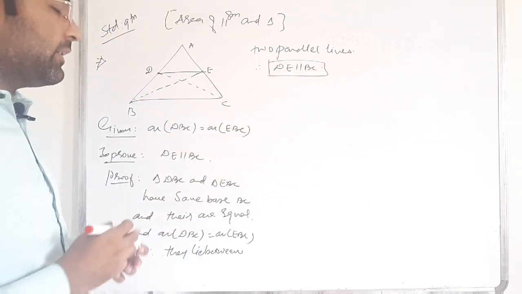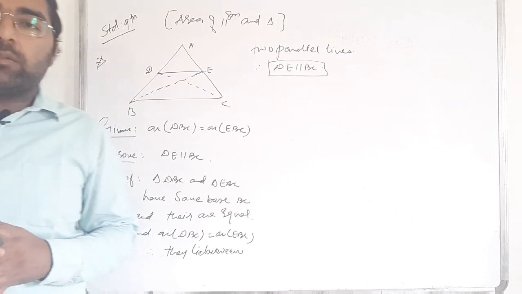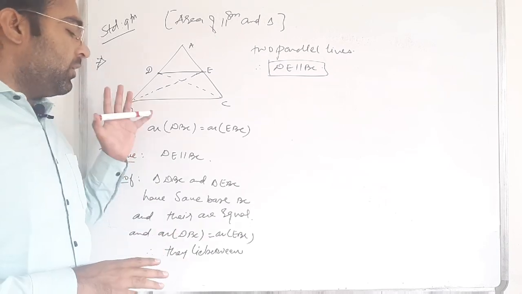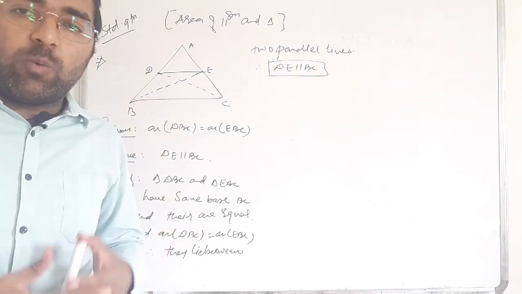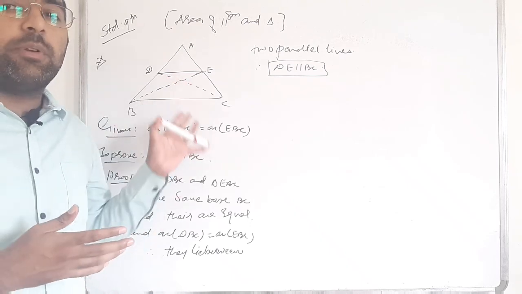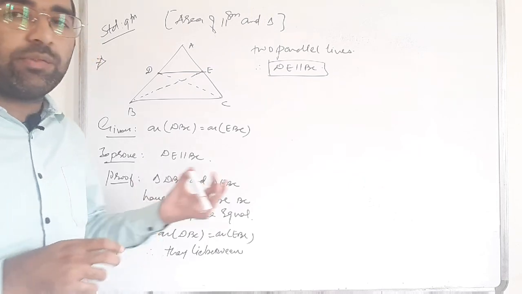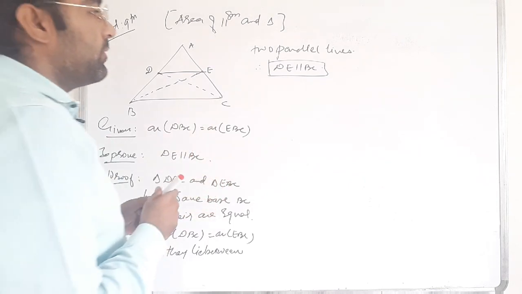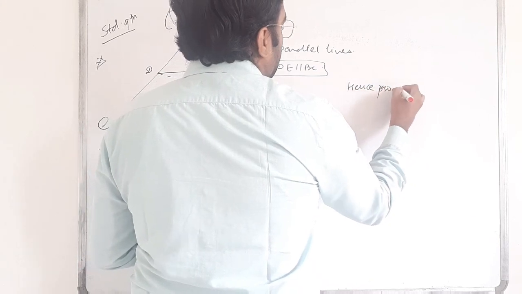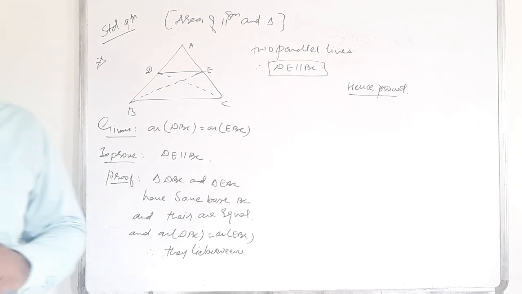We already saw that if two triangles or two parallelograms lie on the same base and between two parallel lines, then their areas are equal. Here both triangles have equal area and lie on the same base, so we also say that they lie between the two parallel lines. So we have proved it, hence proved. This is a very short, simple and easy question.